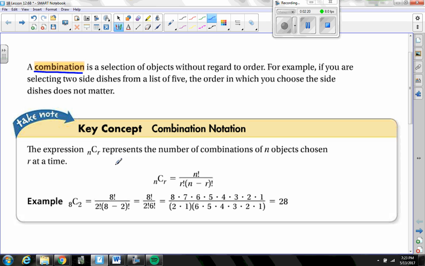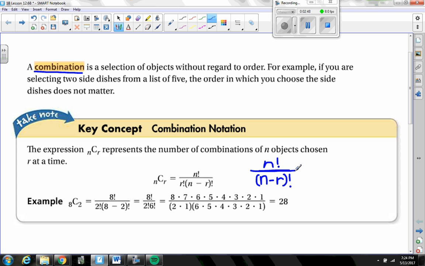The formula is also quite similar, but we've added one extra piece. The permutation formula, if you remember, was just n factorial over n minus r factorial, meaning we take the difference, we subtract them. That was the permutation formula in itself.